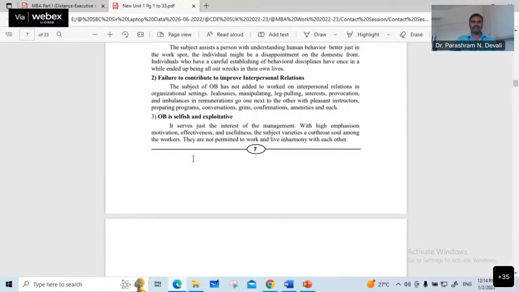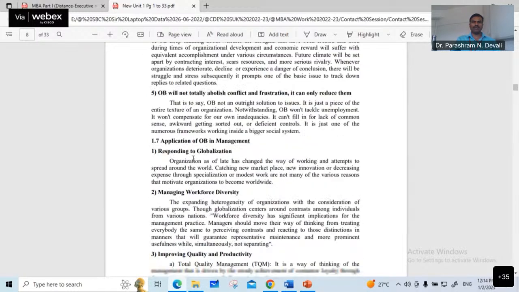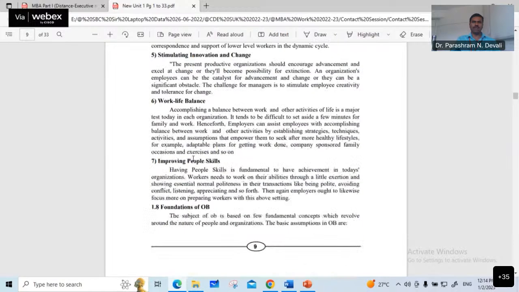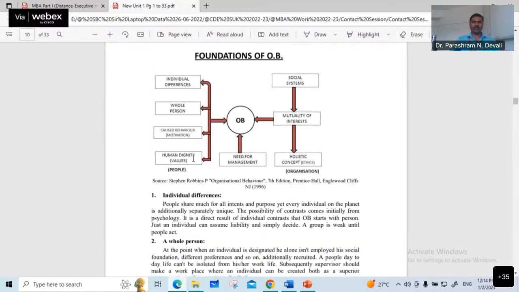And the foundation of organization behavior, whatever was discussed in this session, all these things are here. What is meant by organization behavior?